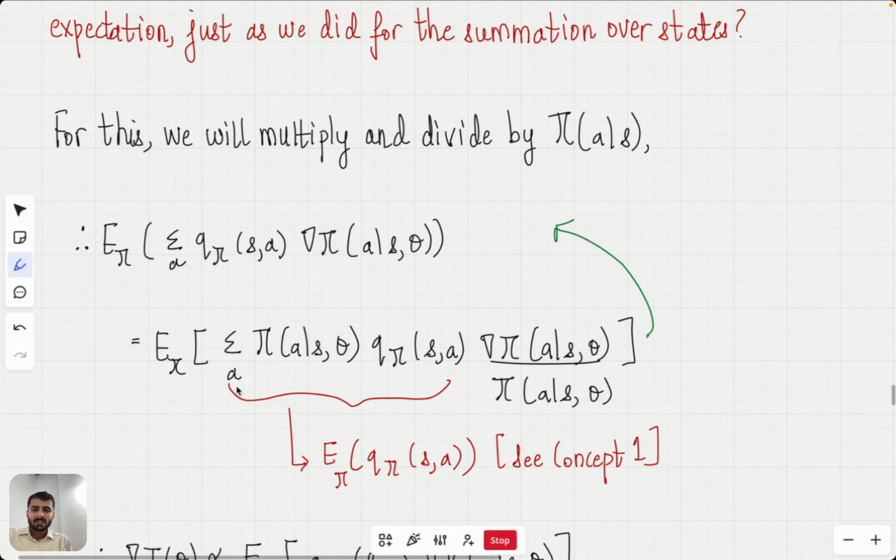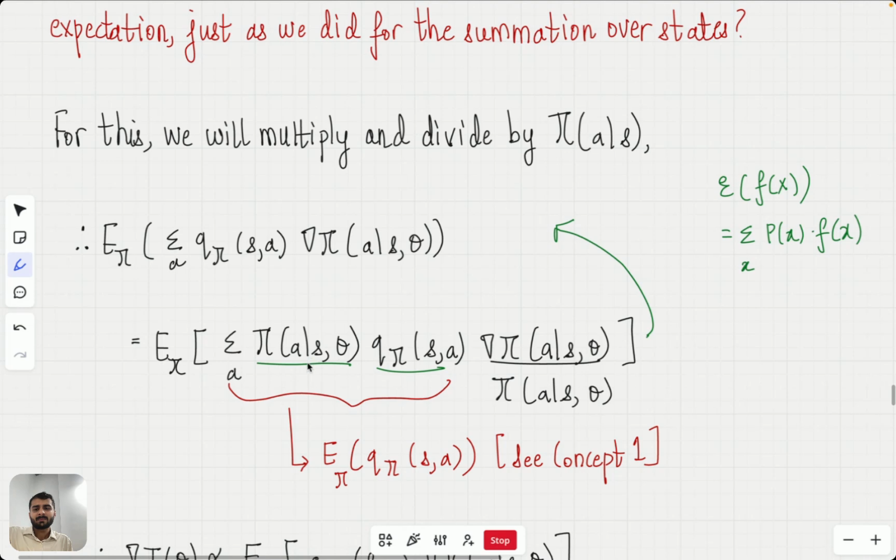So whatever we see in these red brackets, it says pi of a given s comma theta into q pi of s comma a. Now in concept one, what we had looked at was expected value of f of x is equal to summation of x into p of x into f of x. This is what expected value of f of x was. Now this looks kind of similar. This is the probability and this is the function.